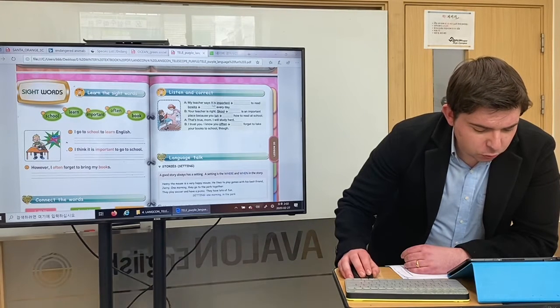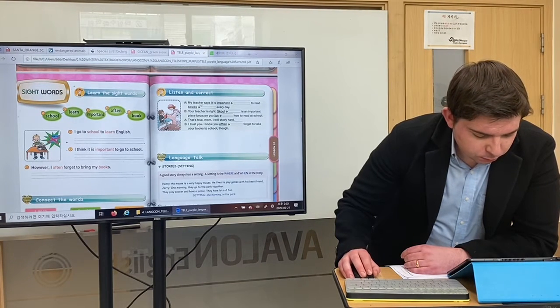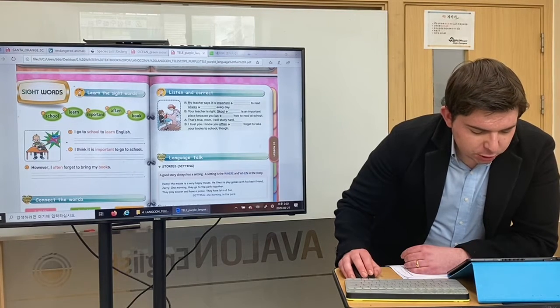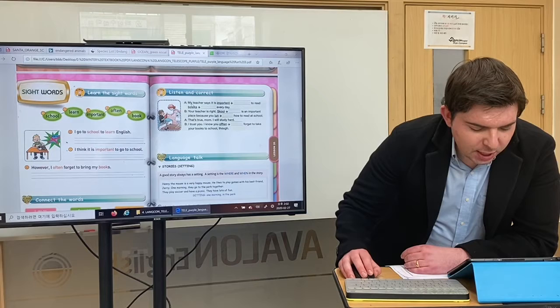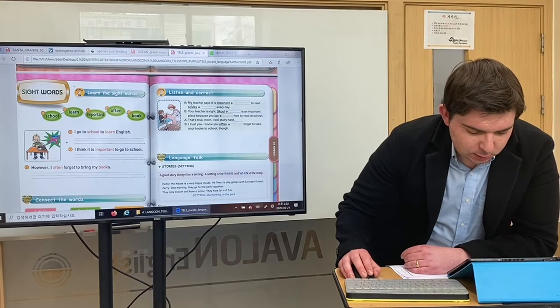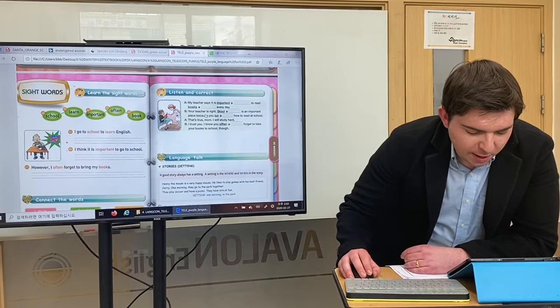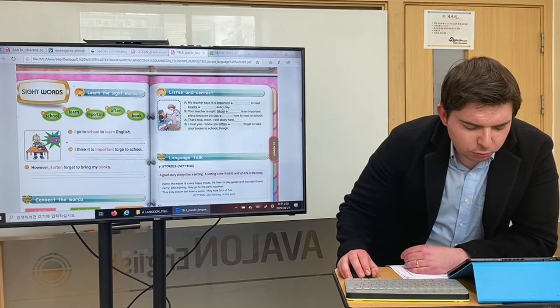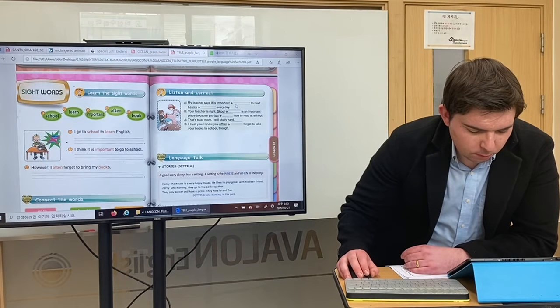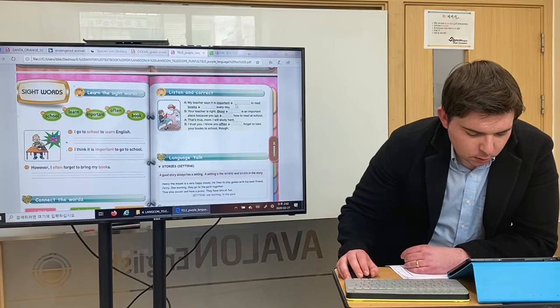We've looked at these words before, so you should know. My teacher says it is important to read books every day. How do we spell important? IMPORTANT.